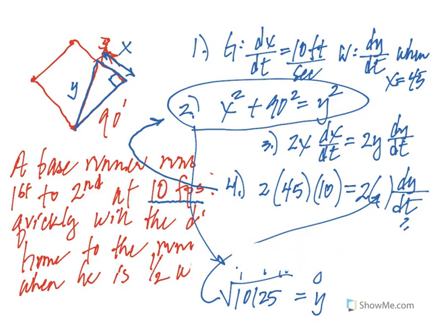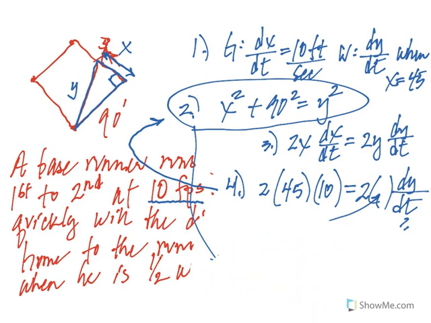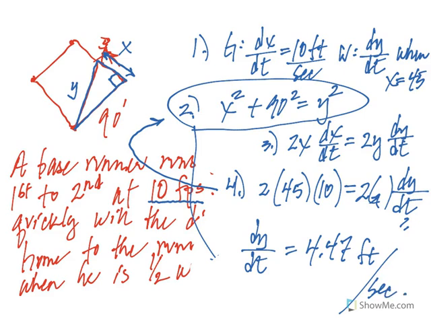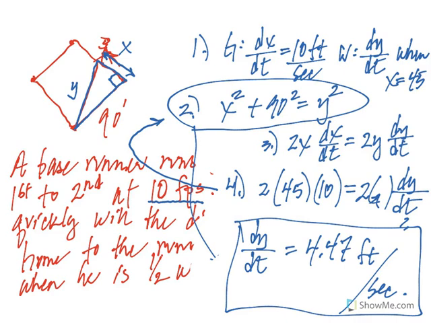So let's get rid of some of this stuff. And that gives me an answer of dy/dt as 4.47. And I want to use the same units of measure that are given in the problem. So this is going to be feet per second. 4.47 feet per second.